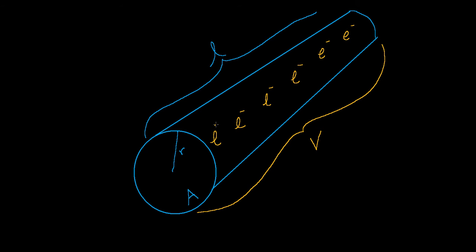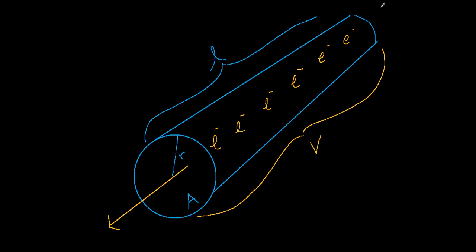Let's say that this current is flowing in this direction, out of the wire and perpendicular to this circular surface. So we have a conductor, with electrons flowing this way.